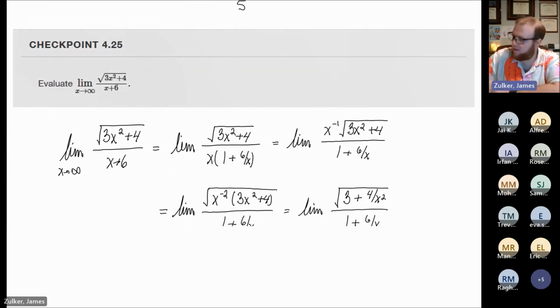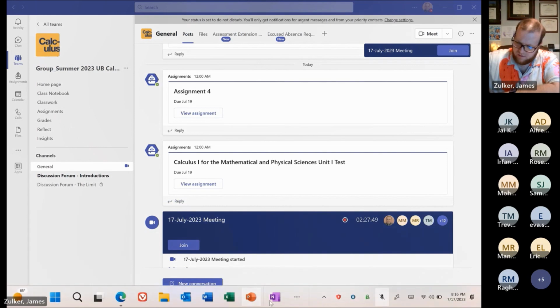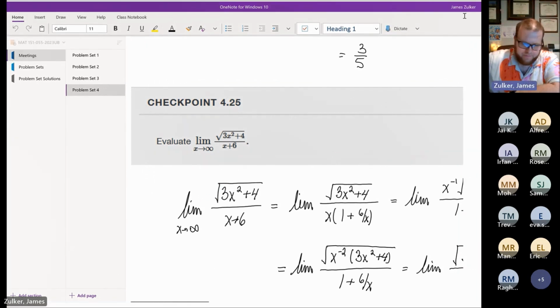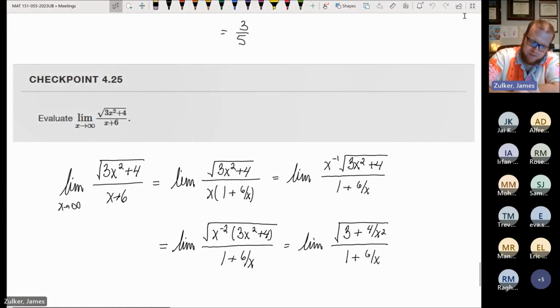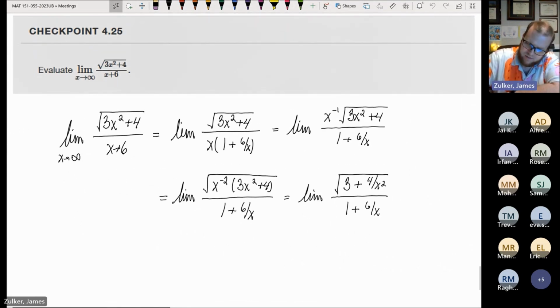Uh-oh. This isn't good. There we go. Terms with x's in the denominator, of course, go to 0.